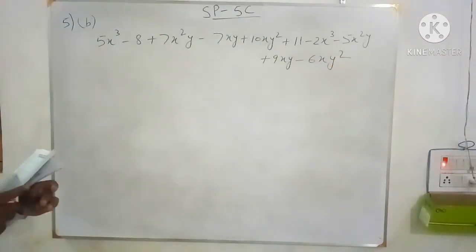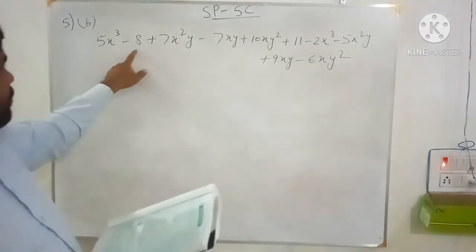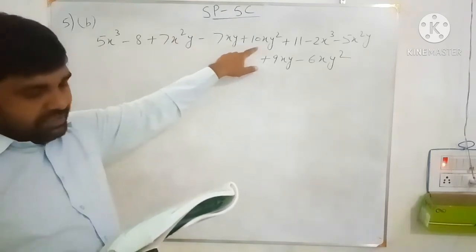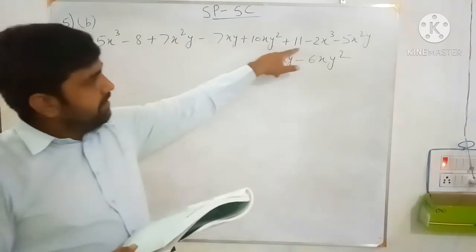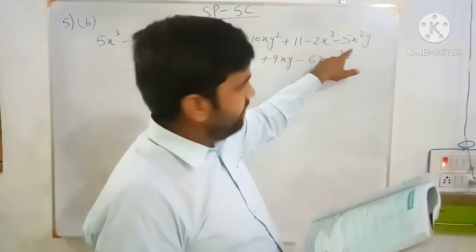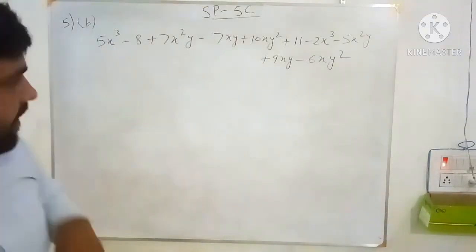So this is the polynomial expression that we have to simplify, okay?